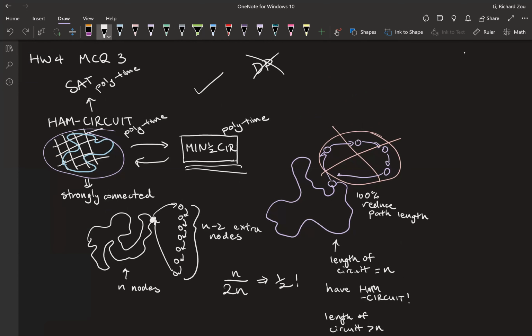Trying BFS or pathfinding doesn't necessarily work because it's a circuit. Circuits are kind of weird. Our typical algorithms like shortest path aren't really going to work, and visiting half the nodes is also quite a weird restriction here, right?